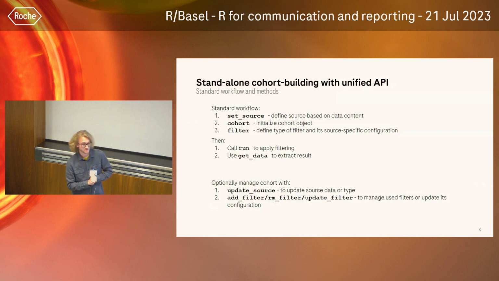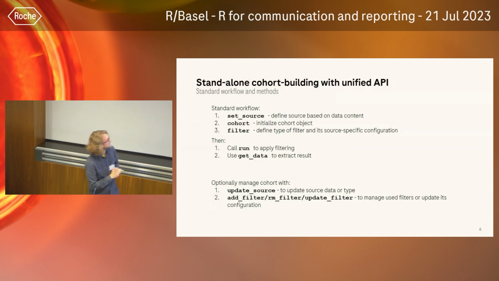The first step is responsible for configuration of the cohort. So first step of the configuration is to define the source of the data. So for example, list of data frames, list of connections to the database, to the SQL tables, or like the REST API where we can get the data.